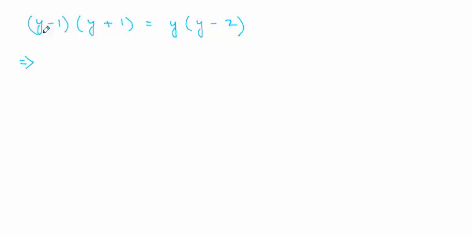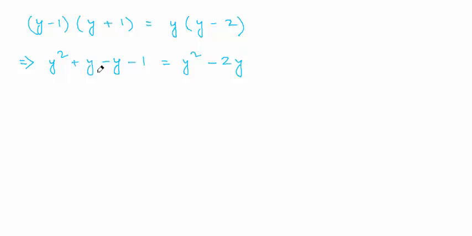So y times y is y square, plus y times 1, which is 1y written as y, plus y, minus 1 times y, which is negative y, minus 1 times positive 1, which is negative 1, is equal to, open up the parentheses on the other side, distribute this y outside, y times y is y square, minus 2 times y, or y times 2 is 2y.